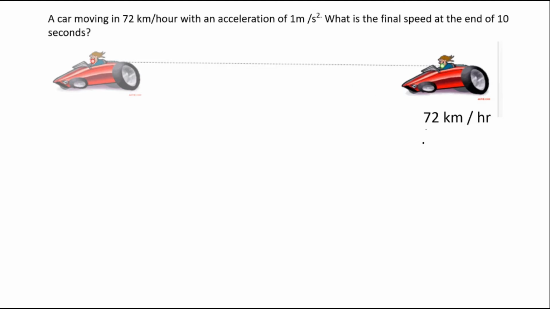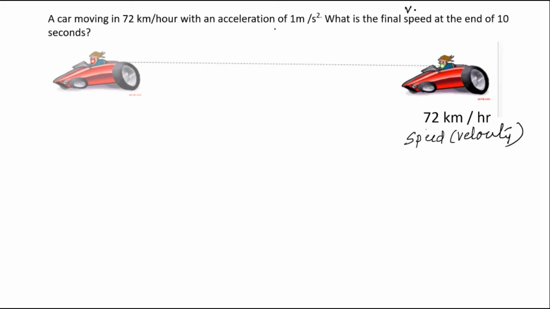As I have already told you, speed can also be considered as velocity because we have considered a body which is moving in a straight line with an acceleration of 1 meter per second square. And what is the final speed?